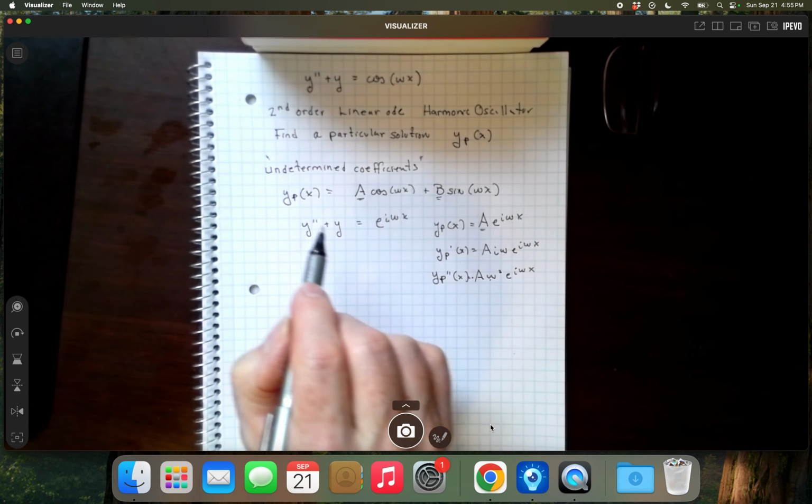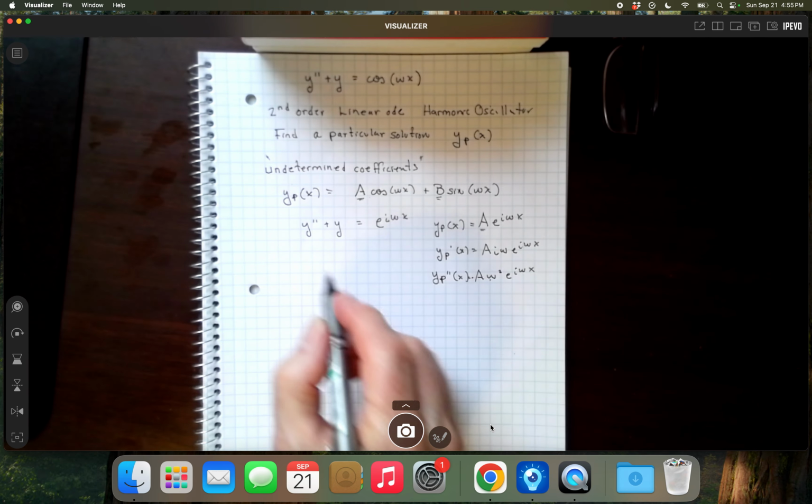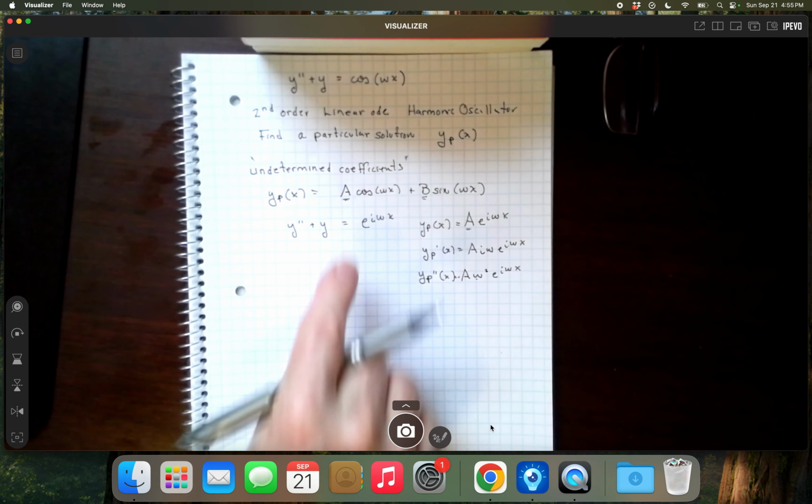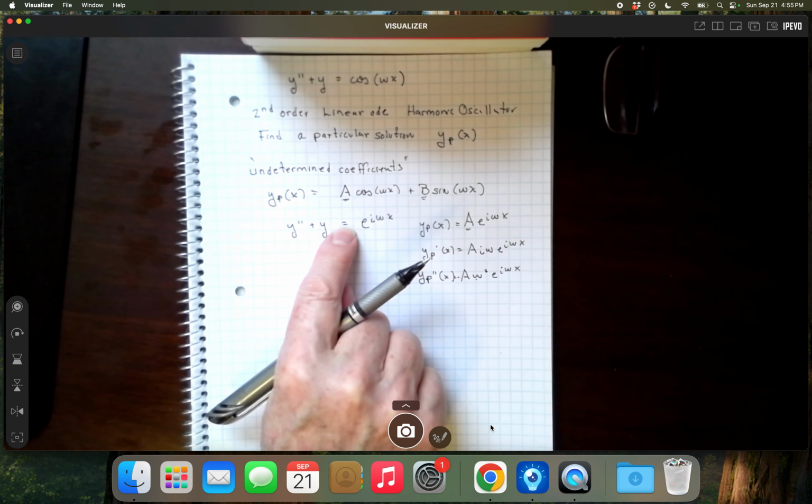So now, plugging it in, I have my second derivative, so we're going to take this and plug it back into the original equation.